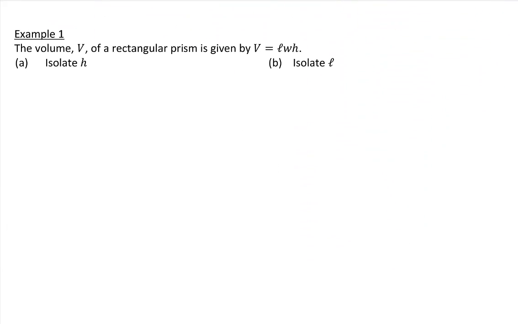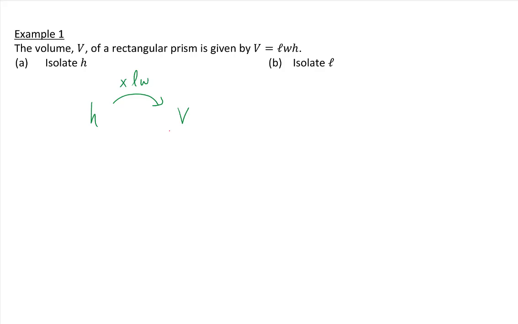So let's do a couple examples. So the volume of a rectangular prism is given by V equals length times width times height. So I want to isolate for H. So let's look at what happens to H. So H, to get to V, I need to multiply by both length and width.